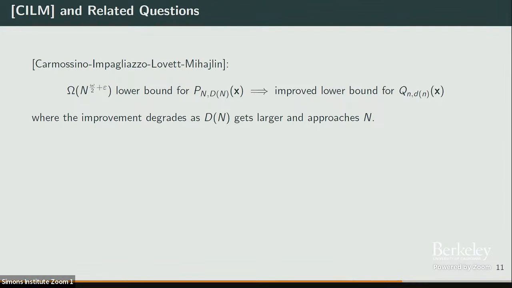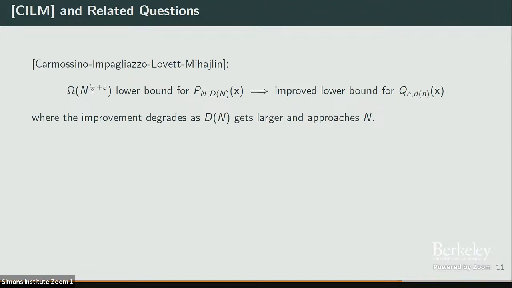Because what CILM says is that if you have an n to the omega by 2 plus epsilon lower bound for some polynomial over n variables of degree d, then you can improve the lower bound by increasing the degree and reducing the number of variables. So you get an improved lower bound for another polynomial which has now fewer variables and a much larger degree.